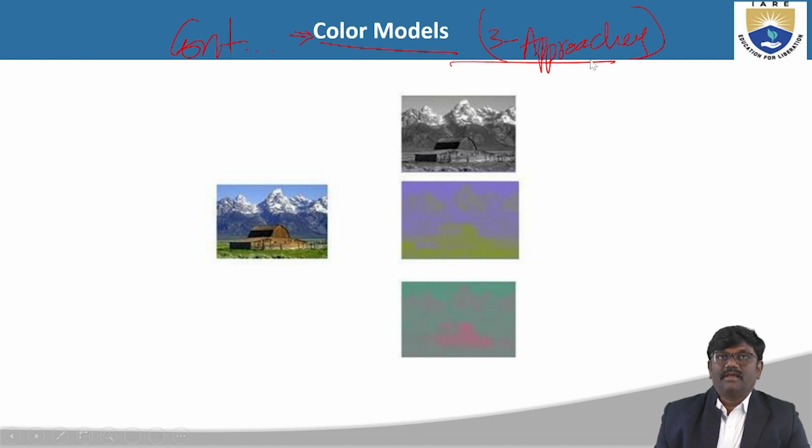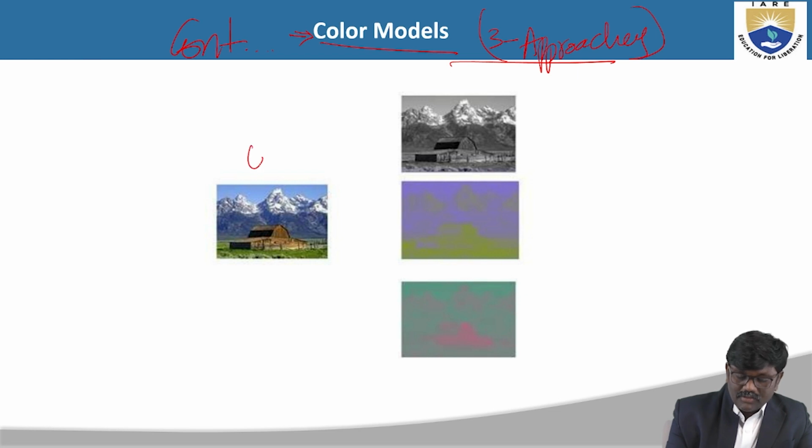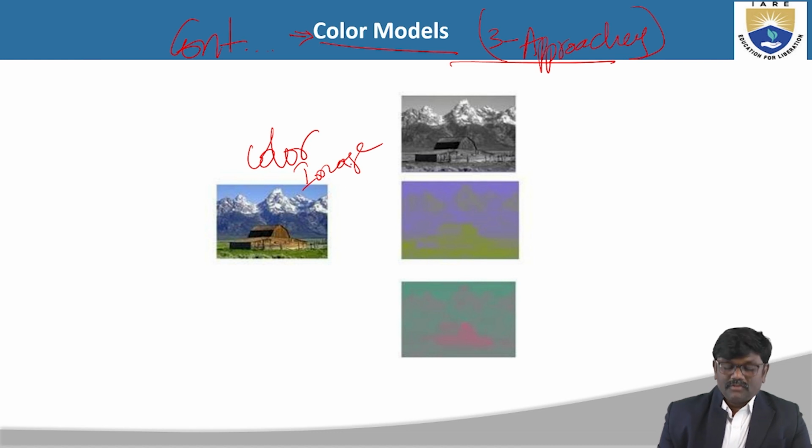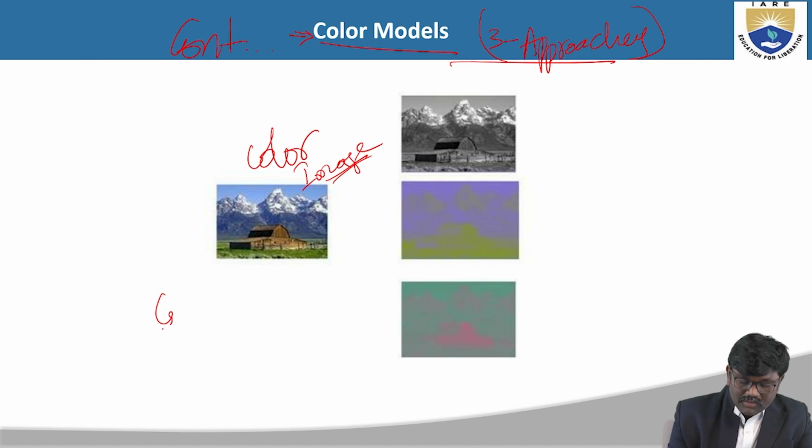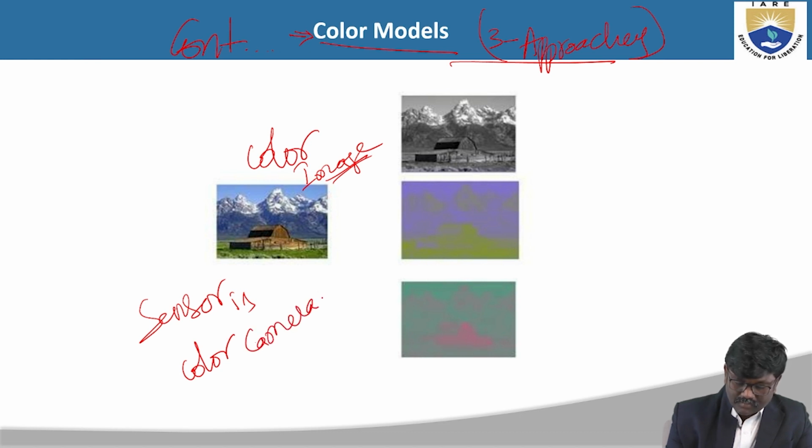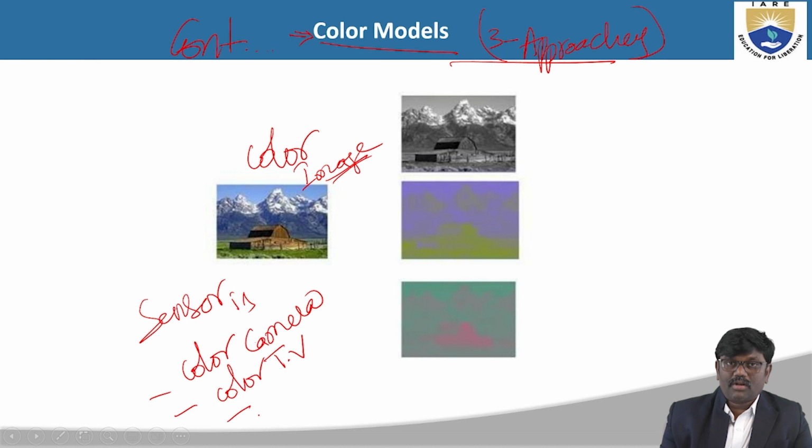For example, which color image are you using? Once you are using a color image, you are using a sensor, which is a 100% color camera or color TV, television process, or you may also use a scanner, a 100% color scanner, which will also be color.